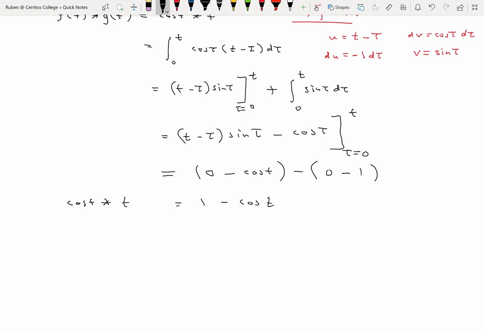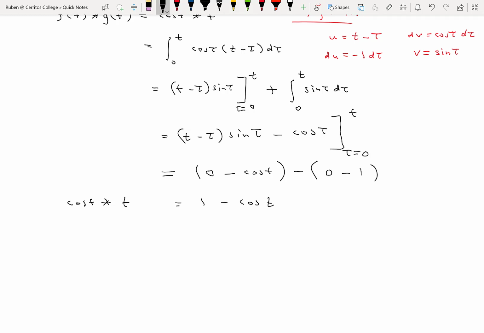Right now, this result probably has very little meaning to you, other than it's just some bizarre integral of the product of two functions. So now we get to the core of this section, the reason for this section.